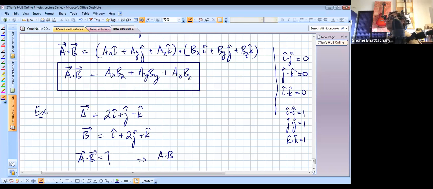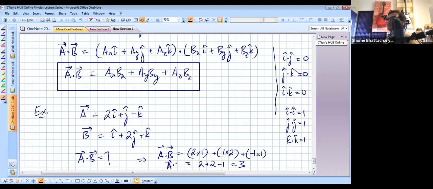A dot B is Ax into Bx, so that is 2 into 1, plus Ay into By, so that is 1 into 2, plus Az into Bz, so that is minus 1 into 1. So further, this becomes 2 plus 2 minus 1. So that in fact becomes 3. Correct, yes. So that is the correct answer.